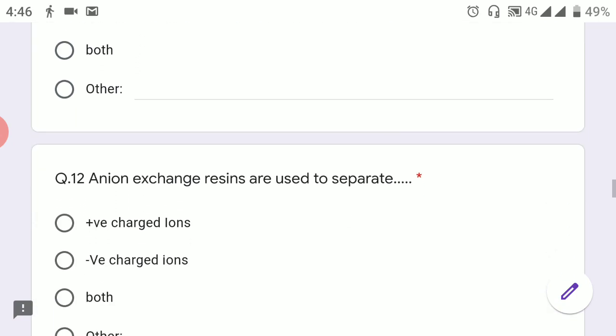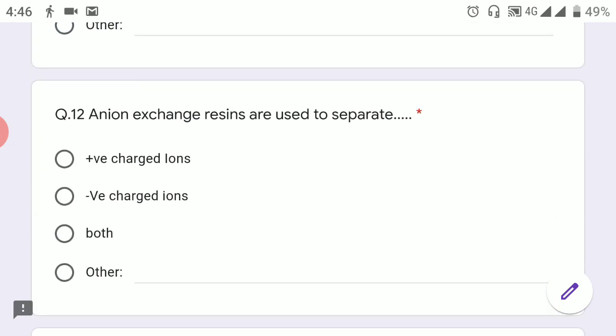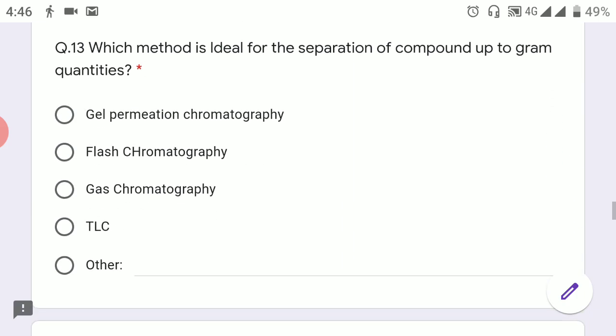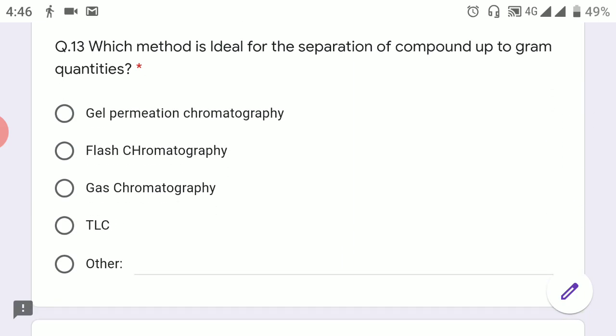Okay, now the next question was anion exchange resin. So the answer is obviously negatively charged ions. Then, which method is ideal for the separation of compounds up to gram quantities? If you can recall, we have seen in flash chromatography, when you have to separate larger quantities, we prefer flash chromatography.